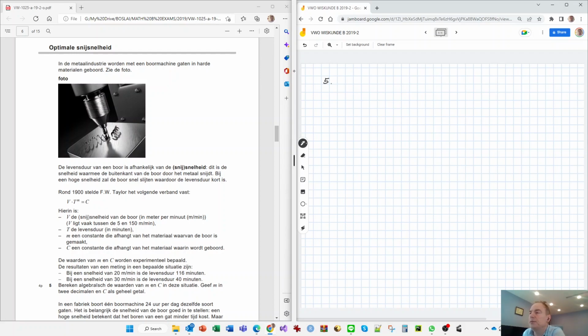And higher speed means faster degradation or wear of this drill.